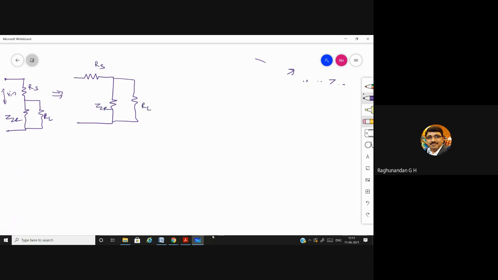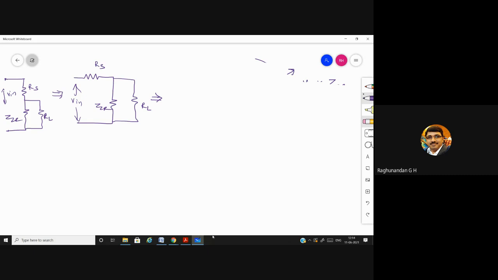Is there any change between this circuit and this circuit? Are they same or different? Same, right? Instead of having this L shape, I have just written it in a straight line. Okay. Now, in the next part, I'll apply Thevenin's theorem.